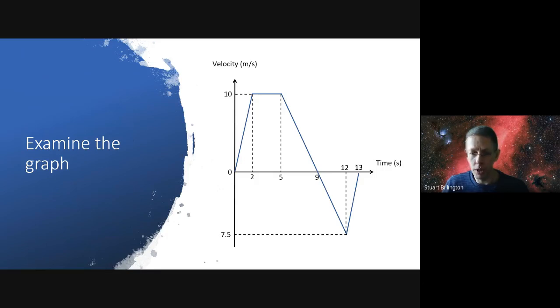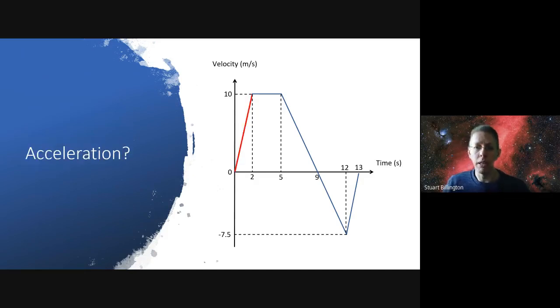So here we go, just to check. First of all, can you calculate accelerations? So could you please, on Spiral, 30 seconds, what is the acceleration for the first part of the graph? Again, the acceleration is the change in the velocity. In this case, it was from 0 to 10.